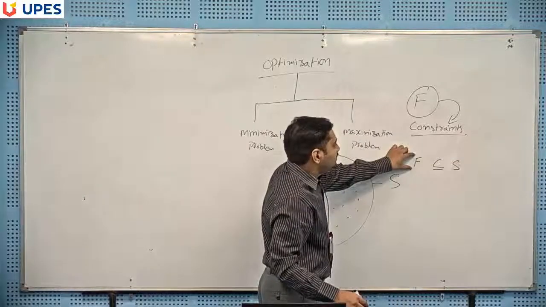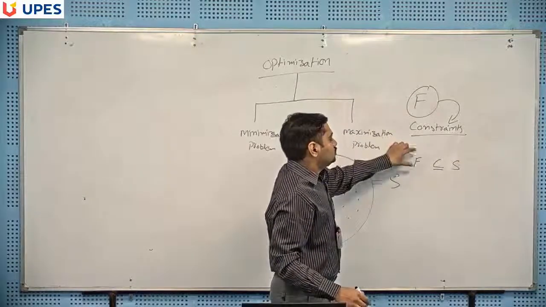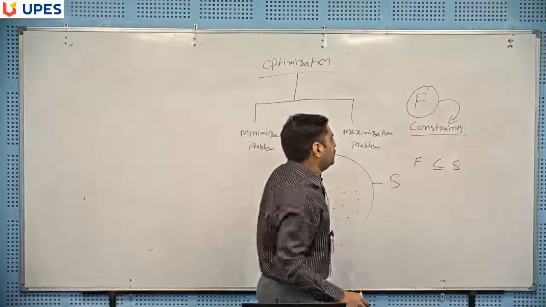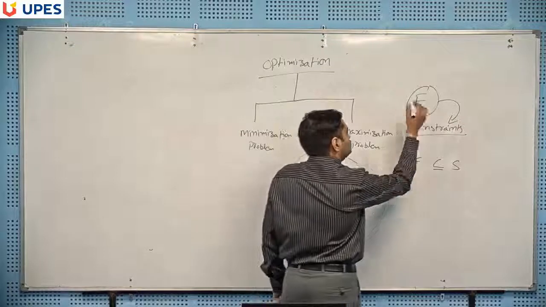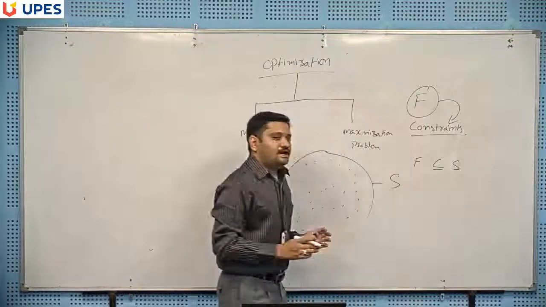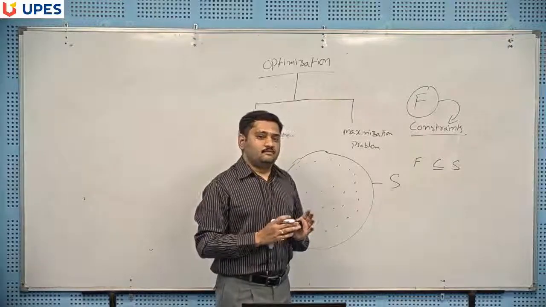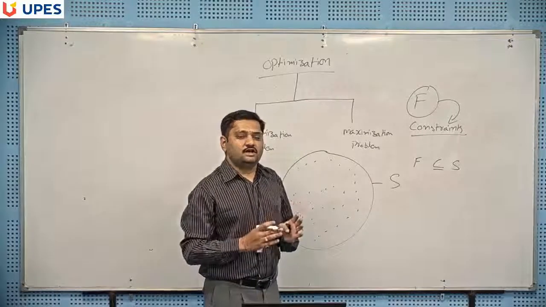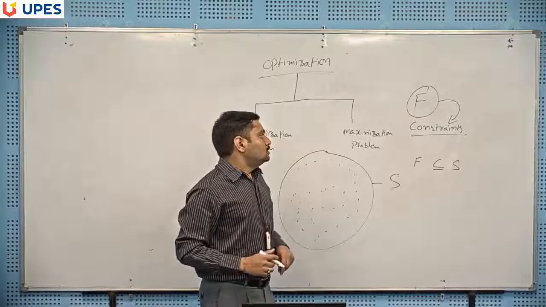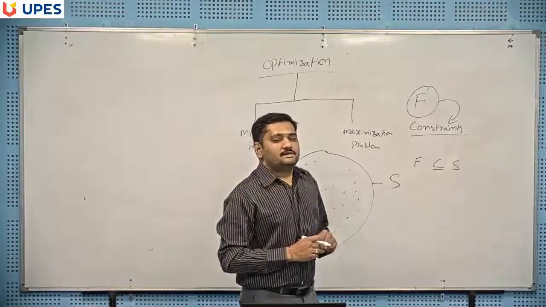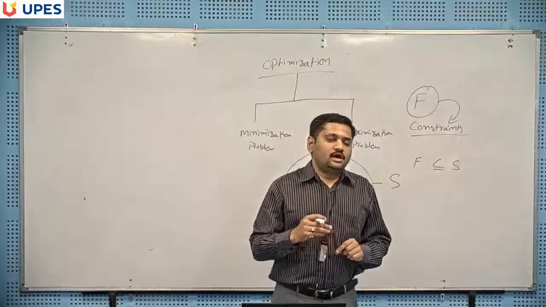Feasible solutions are nothing but the solutions which satisfy the constraints of the problem. Now among these feasible solutions, we need to find the most optimized one, that means the one which will give the most benefit to our problem. So what is the optimized one? The optimized one depends upon the problem which we are dealing with.